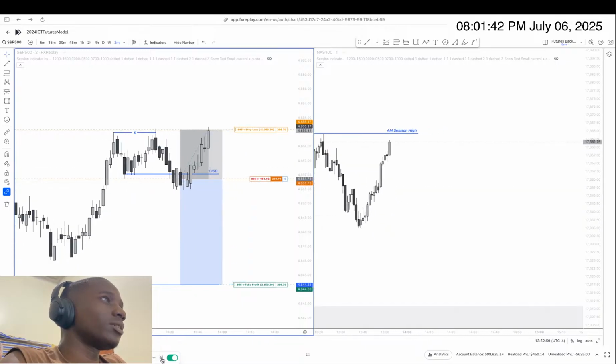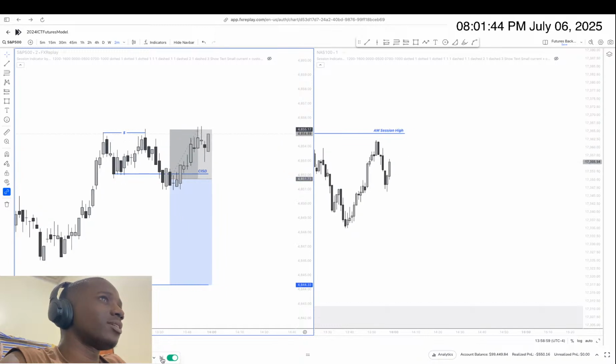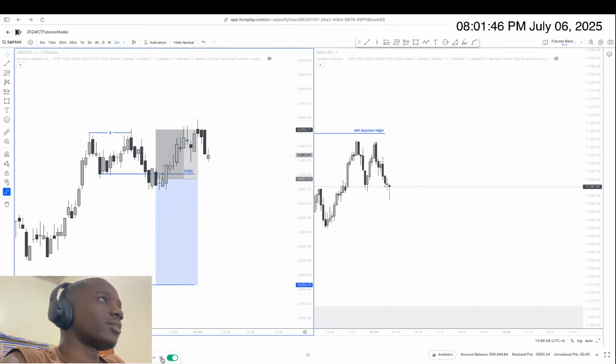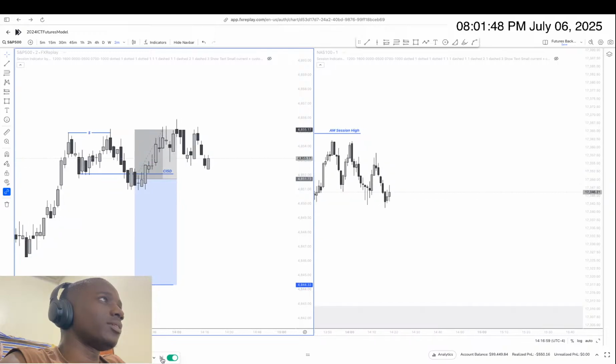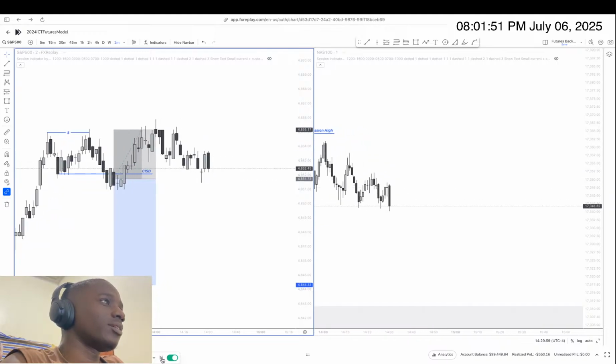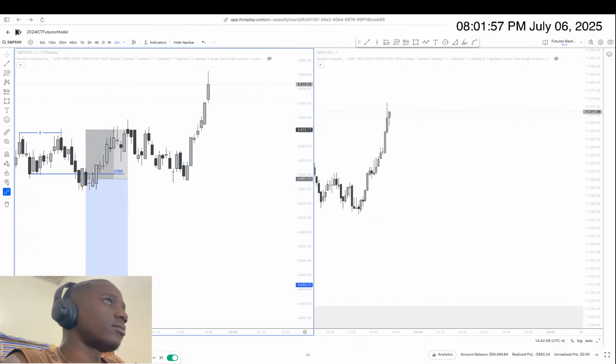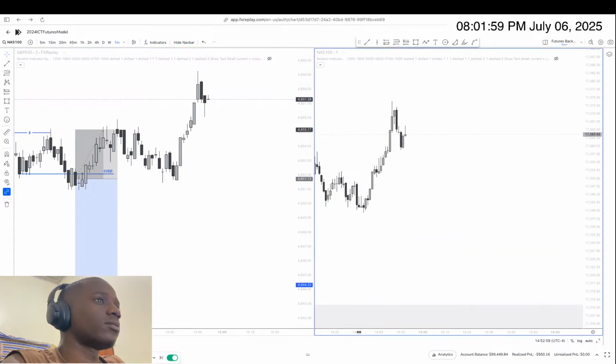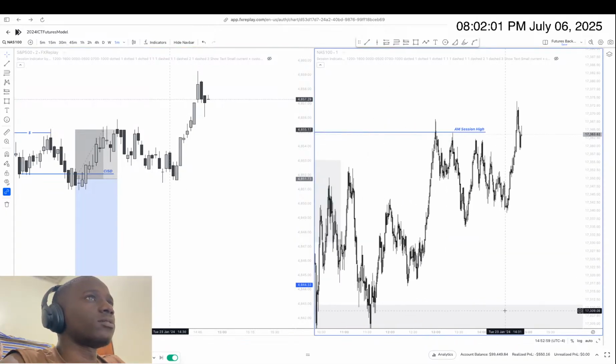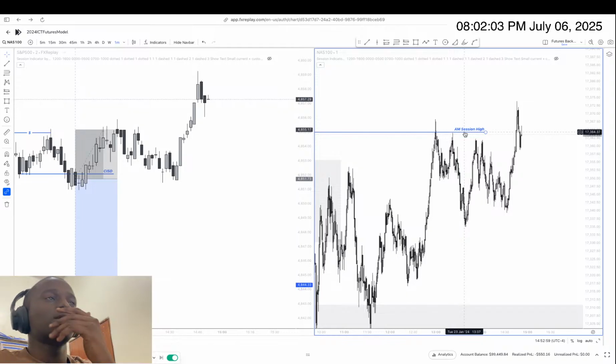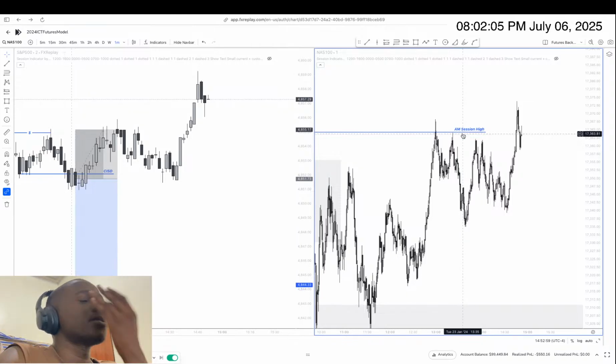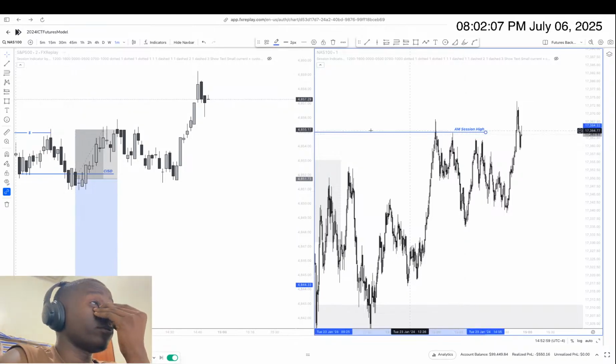So market ends up reversing on us and taking us out. This day was a pretty crazy consolidation day. Okay, so this doesn't provide any entry at all.